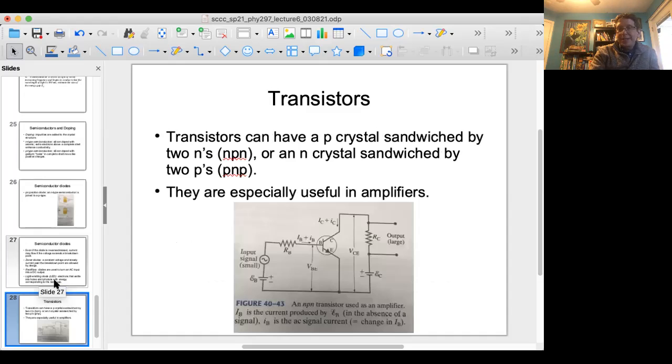And then we have transistors, and transistors are a very important part of computing technology. The smaller you can make the transistor, the more you can store. But it basically has a P crystal sandwiched between two N's or an N crystal sandwiched between two P's. And they're very useful for amplifiers.